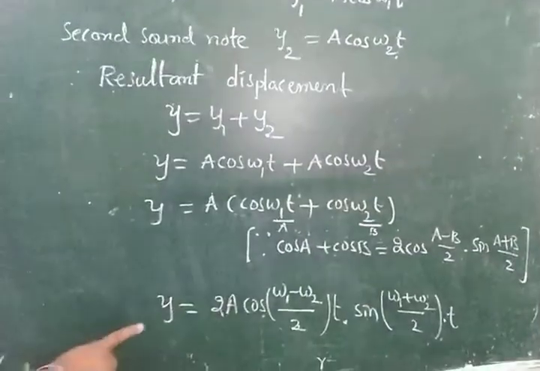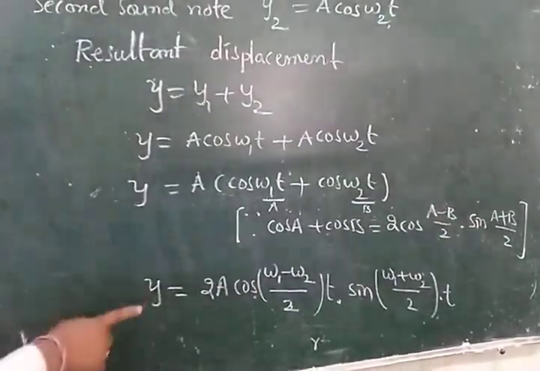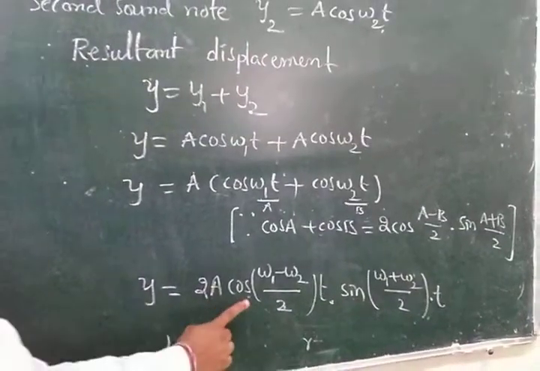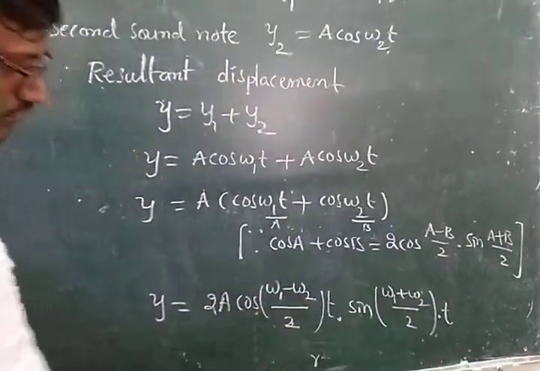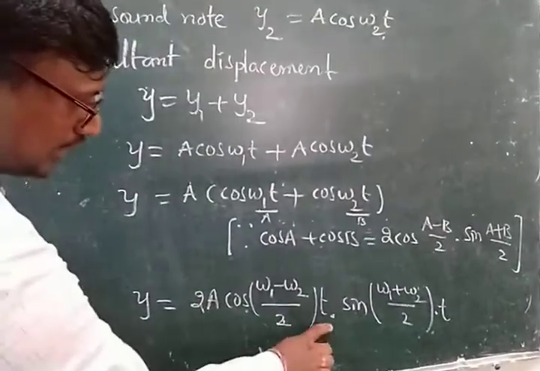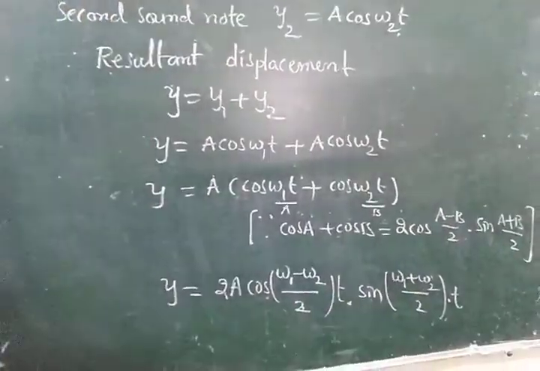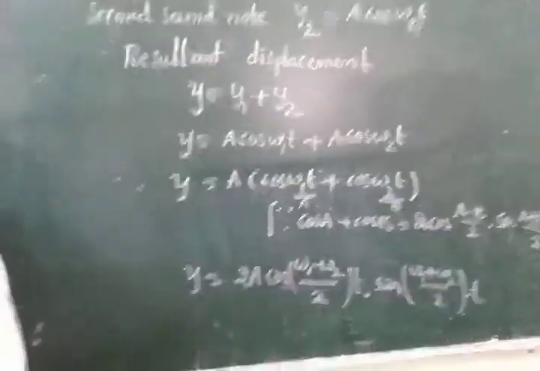This is the resultant displacement of two sound waves: y is equal to 2a cos of (omega 1 minus omega 2) by 2 into t and sin of (omega 1 plus omega 2) by 2 into t.